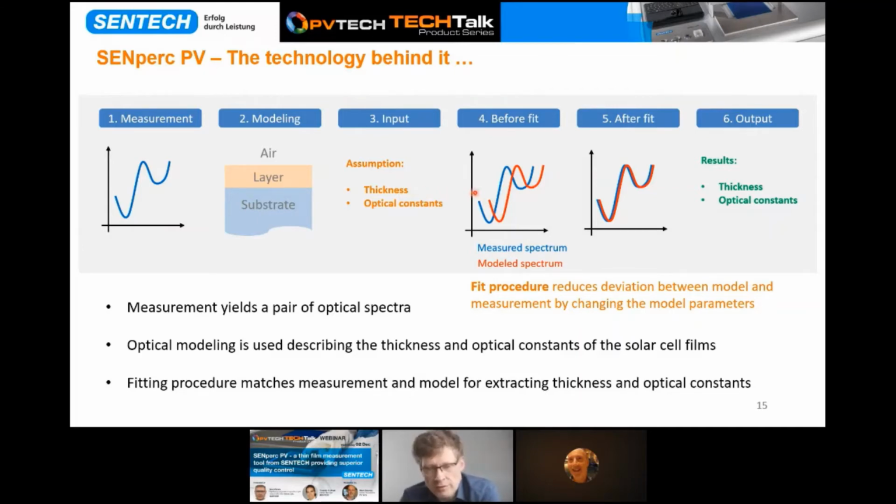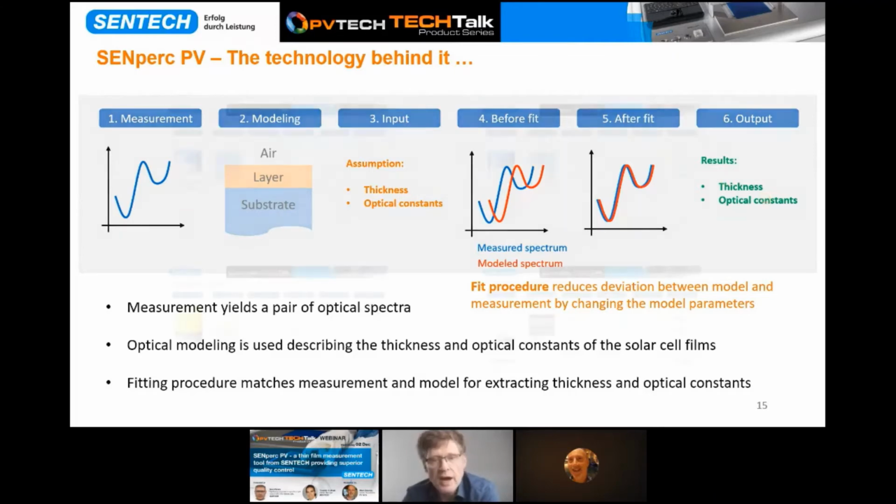And now there's a fit procedure running where the computer is changing our assumed thickness and optical constants in order to achieve a perfect match between the model and the measured curve, which is shown here. Once we achieve this status, reading out the current thickness and optical constants from our optical model will perfectly represent the real values of thickness and N of our film in our stack.